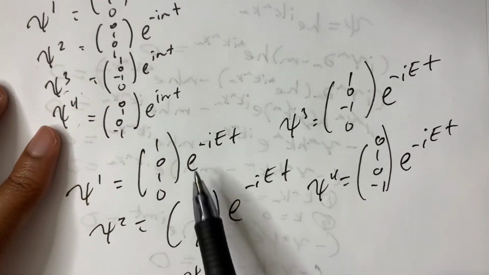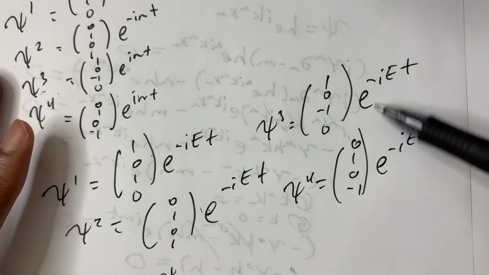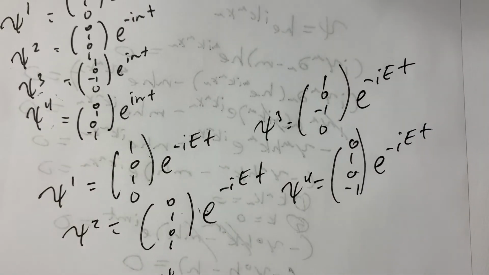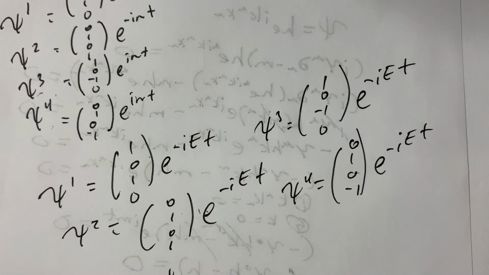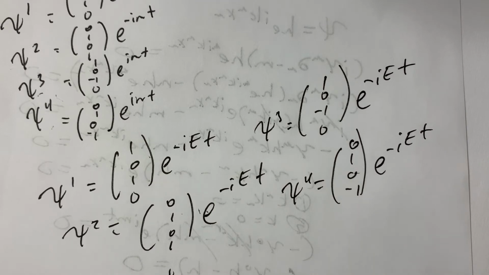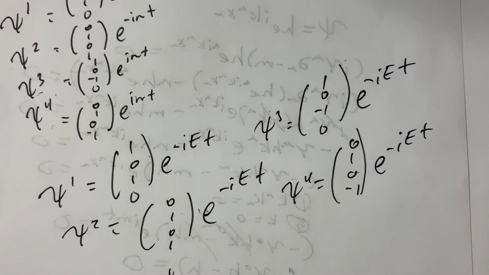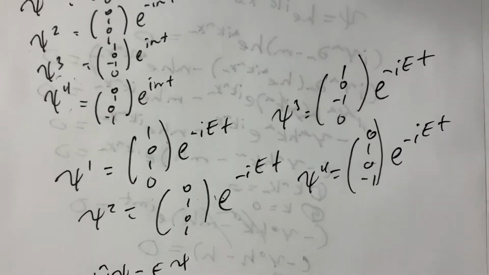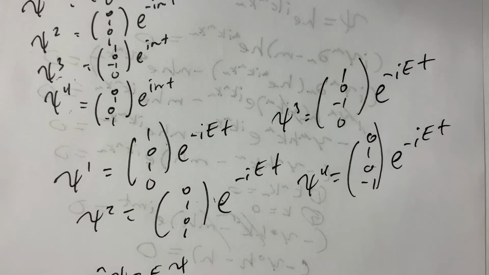So here we have positive energy solutions. Here we have negative energy solutions. How about that? It's a famous solution of the Dirac equation. It gives us negative energy solutions. So what is that all about?